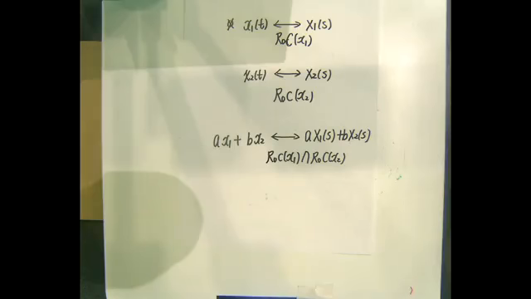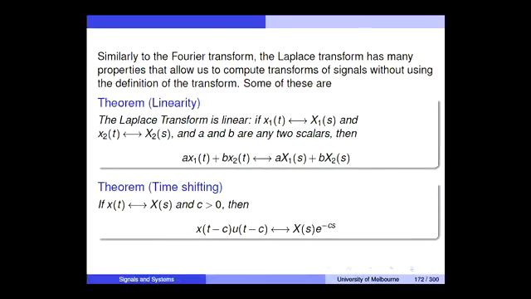So I don't want to go through all of the proofs. If you pay enough attention to the region of convergence, you can always reproduce everything using the Fourier transform: assume those Fourier transforms exist, and then substitute s by j omega.